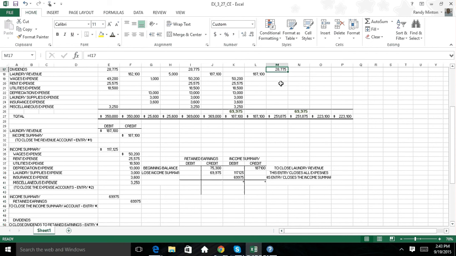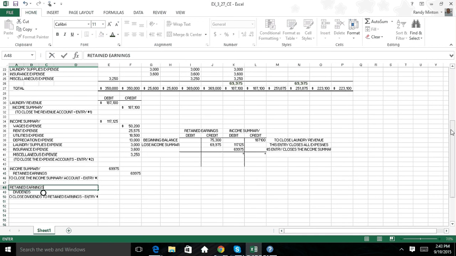In order for me to make it go away, I have to credit it. And what's my debit going to be? Well, it's going to be good old retained earnings, because first, I could not put it to income summary because it's not an income item. Number two, we've already closed out income summary, so we certainly wouldn't need to put it there. So retained earnings is the only logical place left for it to go.